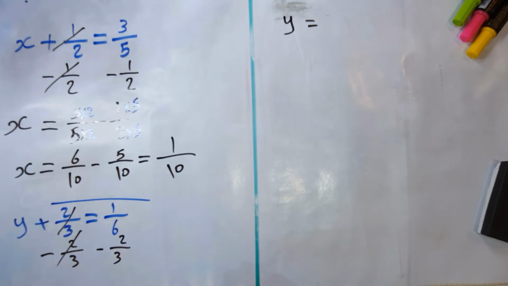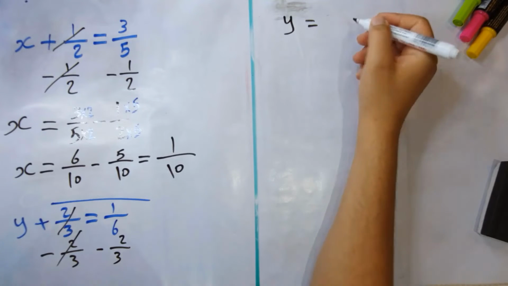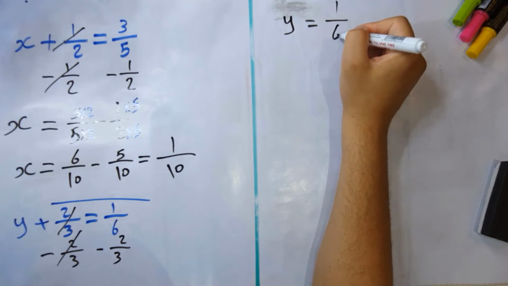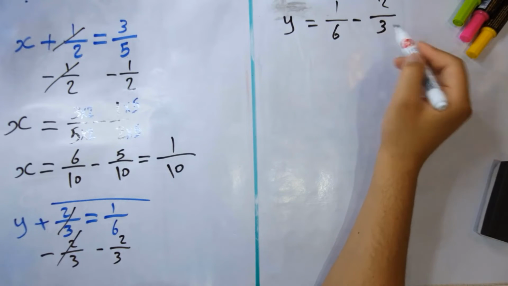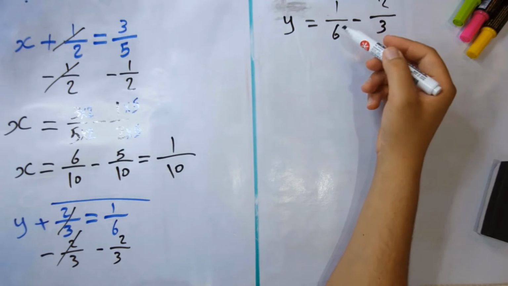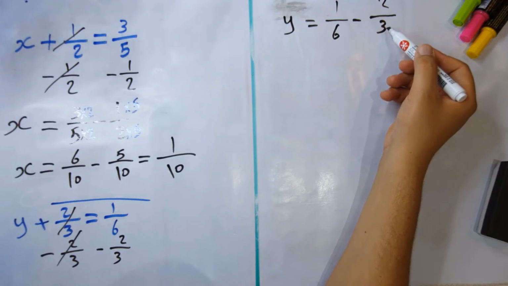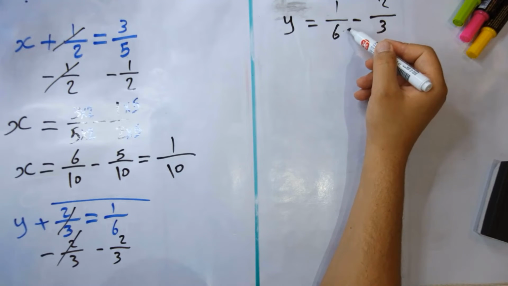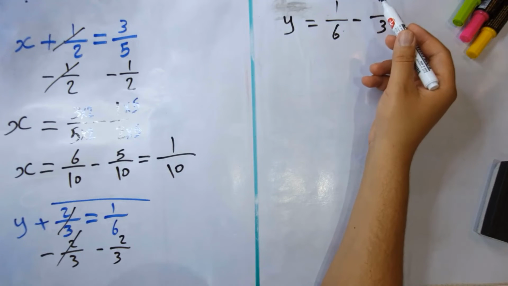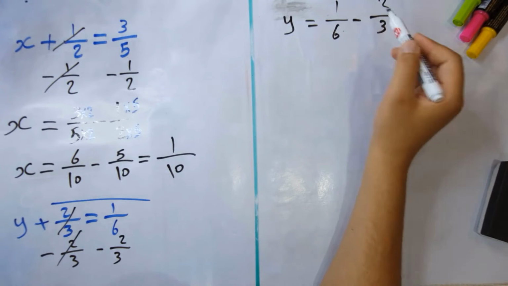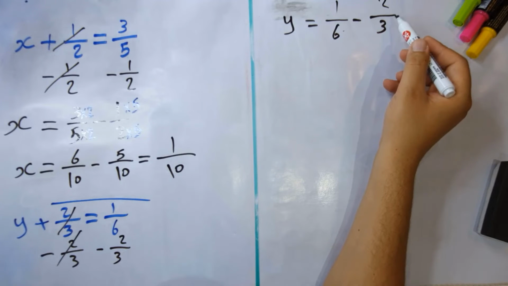The denominator is not the same, so do it step by step. Write 1/6 minus 2/3. You should make the denominator the same. Can you make 6 become 3? Yes, we can divide it by 2. But if you divide the top by 2, 1 divided by 2, we can't. Then go to the other fraction.